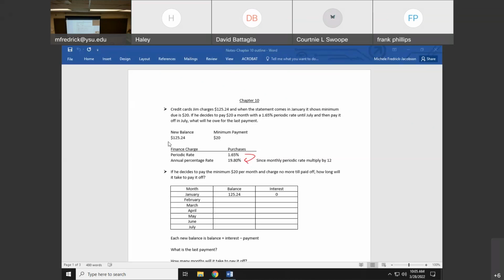So we know his balance when it comes is $125.24. If you pay that whole thing off, you don't pay any interest. So on a credit card, the first month, the interest is 0. And that's why the statement for January shows no interest.